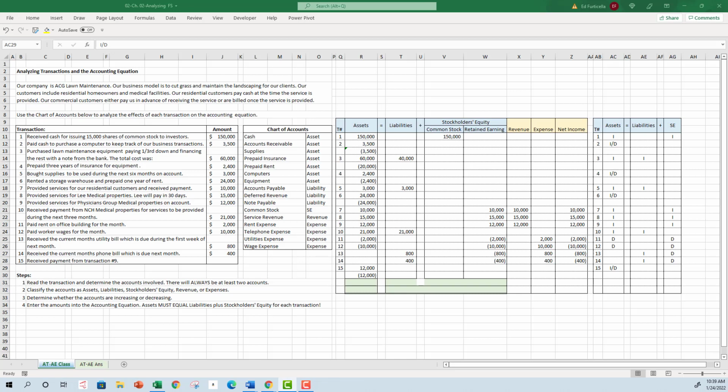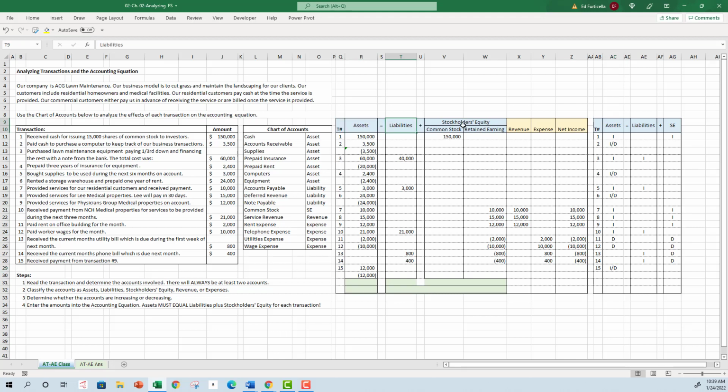Now that we have analyzed all 15 transactions and identified their effect on the accounting equation, it's time to total all our columns. It's the moment of truth where we make certain that assets equal liabilities plus stockholders' equity.